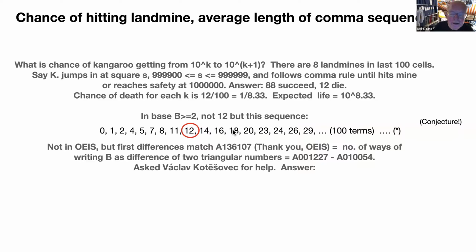It's not in the OEIS, but its first differences matched an existing sequence. And this is the first time in all this project that a sequence has turned up which is already in the OEIS. We've added something like 70 or 80 sequences connected with the common numbers problem, and none of them were in the OEIS.